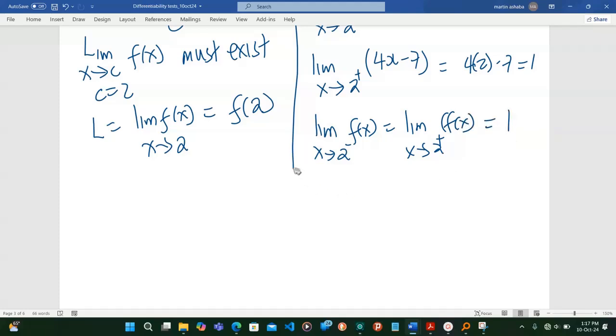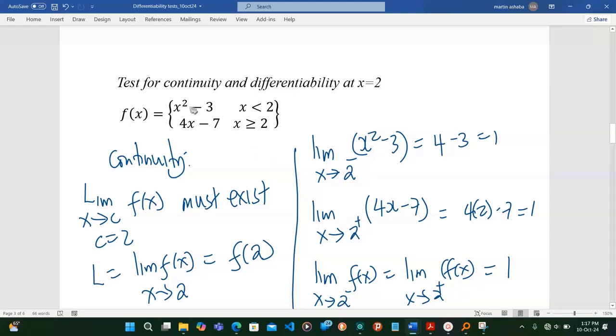So since these two values are the same, the function is continuous at x is equal to 2. So always look for the value of the function at x is equal to c, or at x is equal to 2, which is given. Then take the limit of this function as you approach 2 from both sides, the left and right.